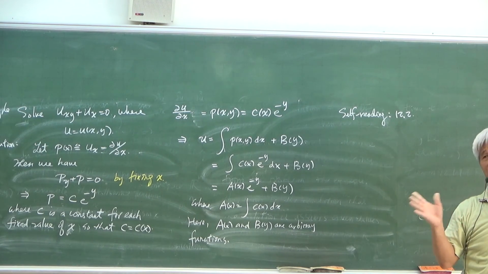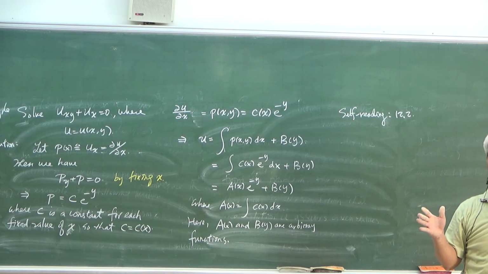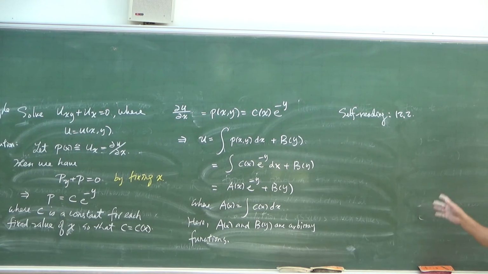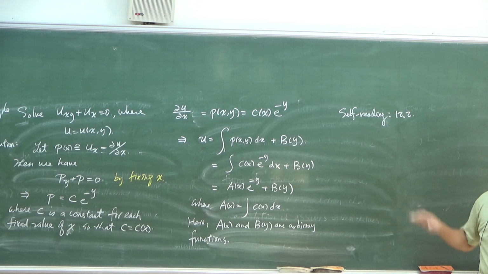I believe you may know this wave equation from general physics when you were a freshman, but I recommend you read through section 12.2 to get a feeling for how you end up with a wave equation to describe a vibrating string.